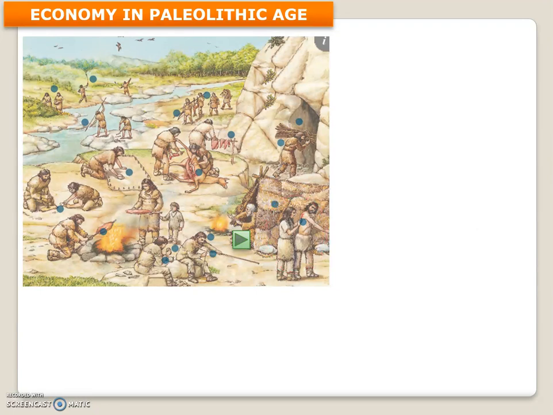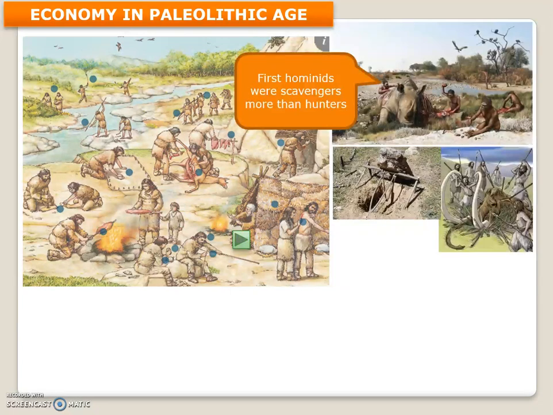Well, this is an Upper Paleolithic camp, but what happened at the beginning of the Paleolithic with the first hominids? Well, they were not hunters. They were more scavengers than hunters. Scavengers means carroñero. That means that they take advantage of the dead animals or the animals that were killed by other predators. They use some traps to get food.